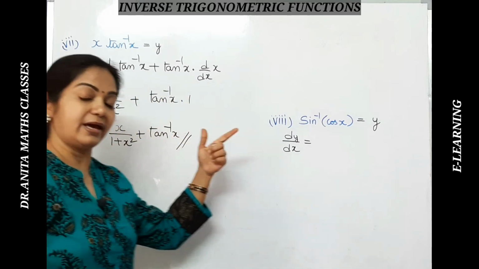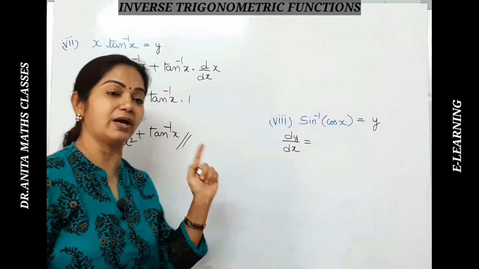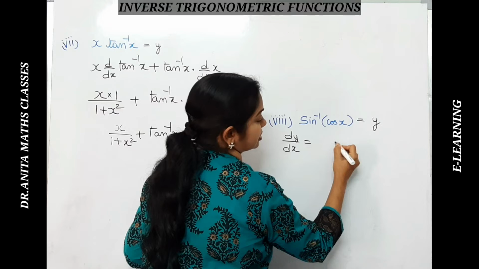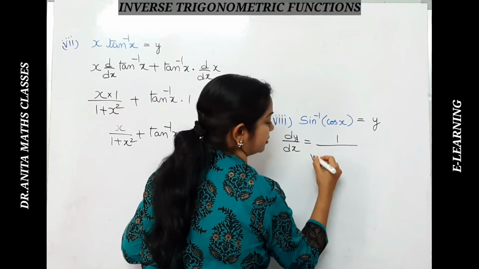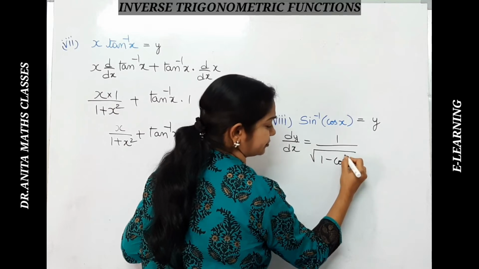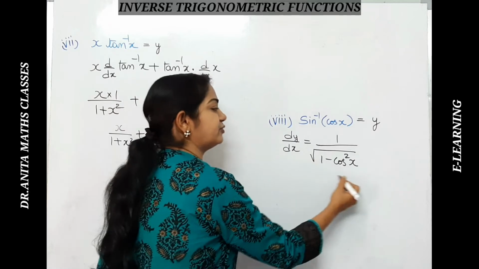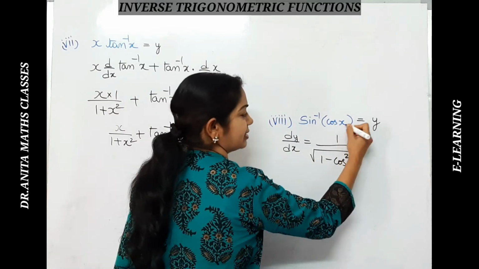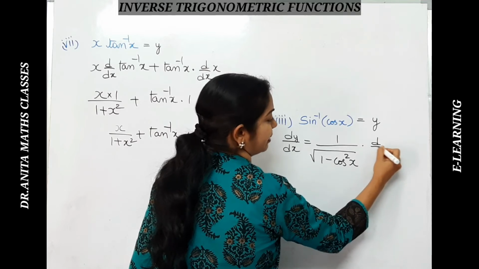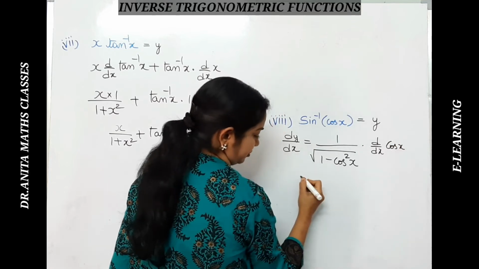We know the derivative of sine inverse x is 1 upon under root 1 minus x square. So here where the x is cos x, so 1 upon under root 1 minus cos square x. And further we have to apply the chain rule, because this is not x, it is cos x.